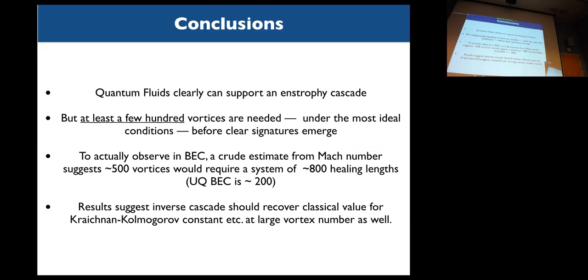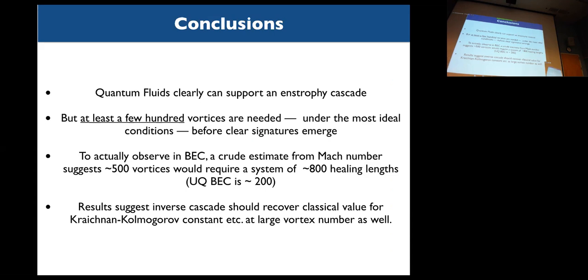It turns out you need a system that's something like 800 by 800 healing lengths, which is pretty large, but to be honest, going into this, I was expecting to get a way worse result than that. For comparison, the BEC that they've got at UQ, in the DMD, is 200 by 200.